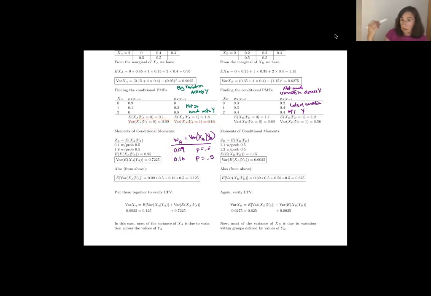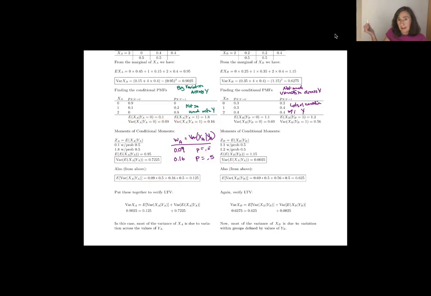I'm saying they're just numbers. They constitute the two outcomes of a random variable whose probabilities are determined by y, and I can find the expected value of this w the same way I always do: 0.9 times 0.5 plus 0.16 times 0.5.